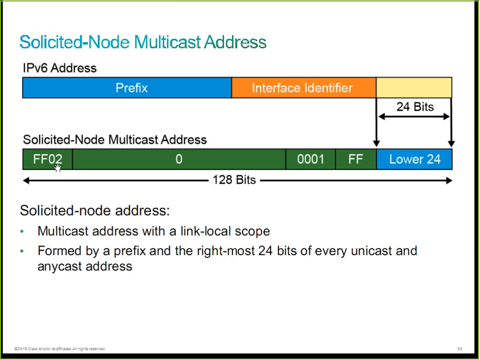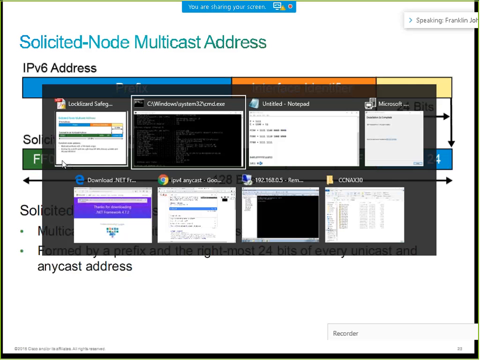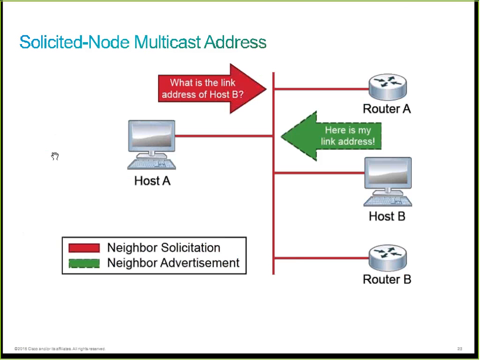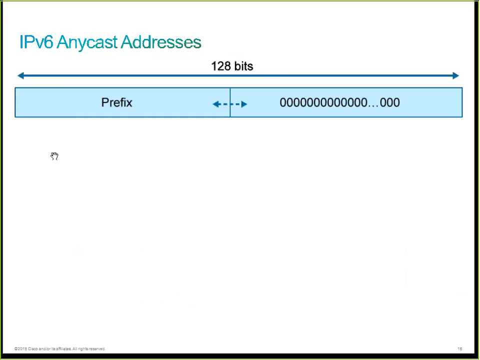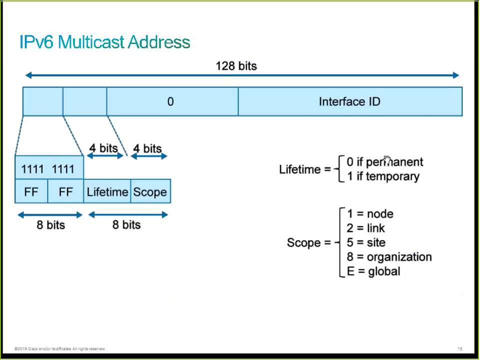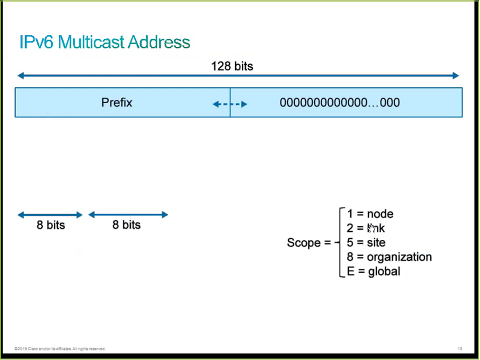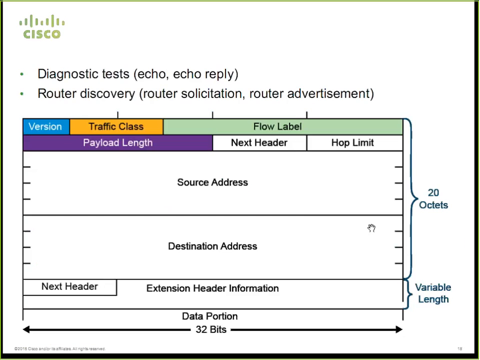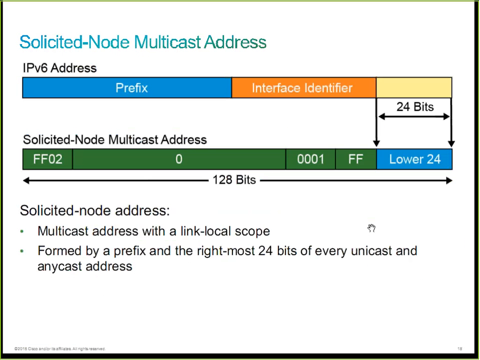That's what we looked at, right? 1 was temporary, but 0 was permanent. And then 2 was for the link. 1 was for the node and 2 was for the link. If I go back, as you can see, 0 is permanent and 2 is for the link, and that is what it shows out there. Make sense? Okay.